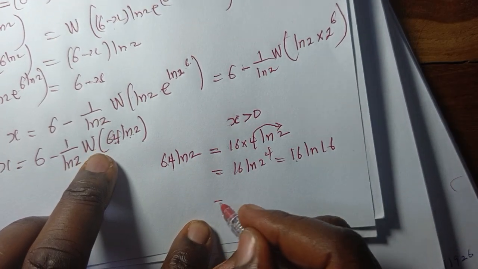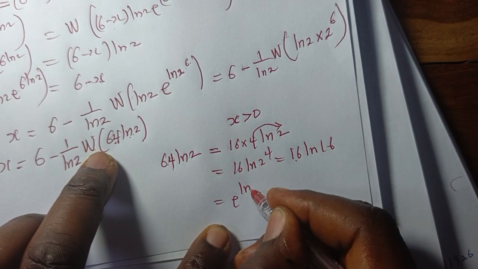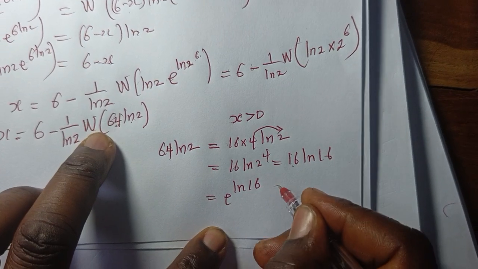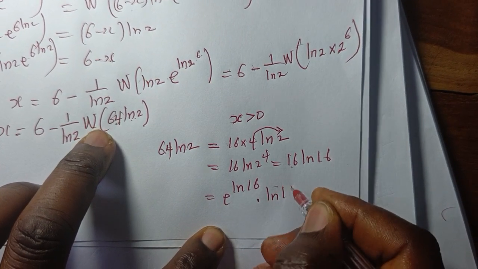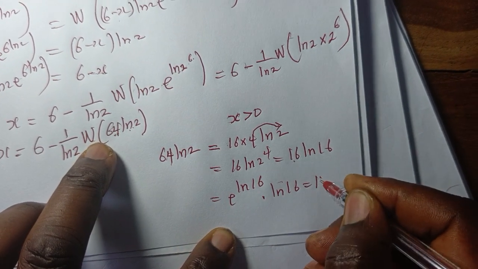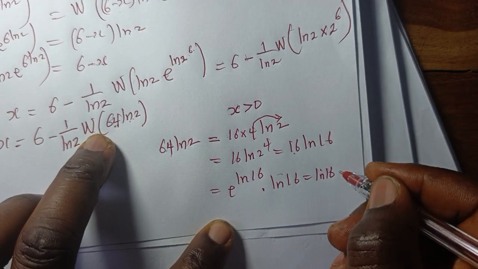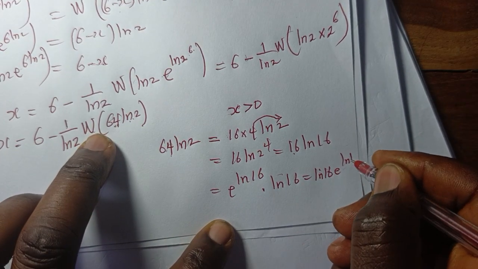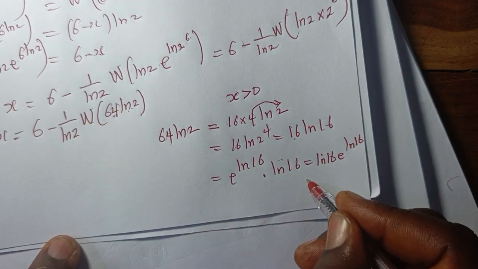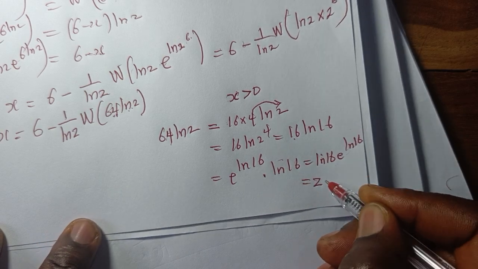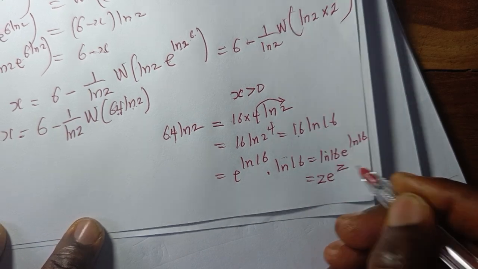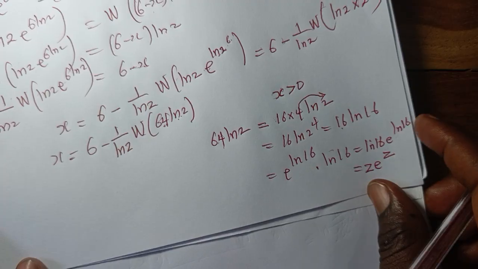Now this 16 can be written as e raised to power ln 16, then multiplied by ln 16, which is equal to ln 16 times e raised to power ln 16. So what we did here, we manipulated it so that we can have the expression in canonical form, c multiplied by e raised to power c, so that we can take the Lambert W function on both sides.